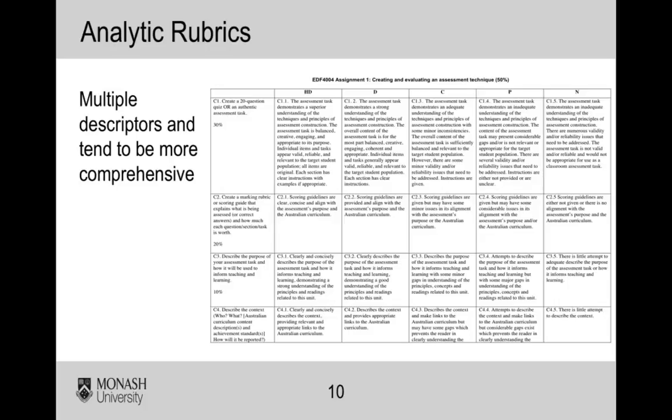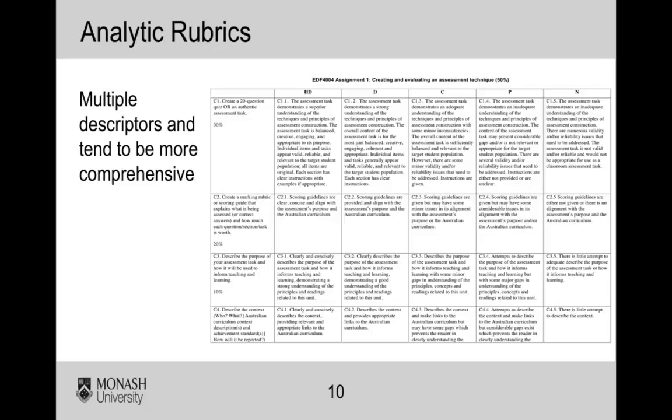Just another thing. If we look at the rows, C1, C2, C3, and C4, you can call them a couple of things. Sometimes they're called traits, criteria, performance elements, or indicators, depending on what you're reading.